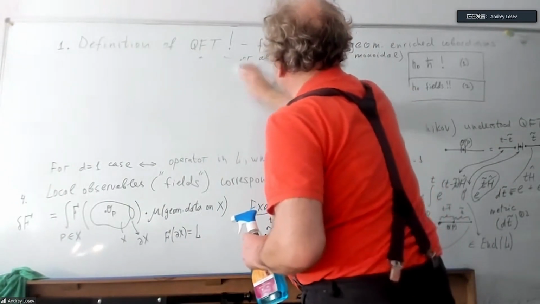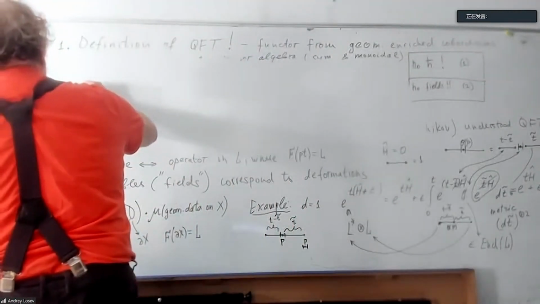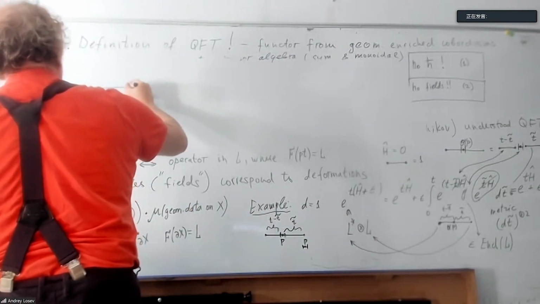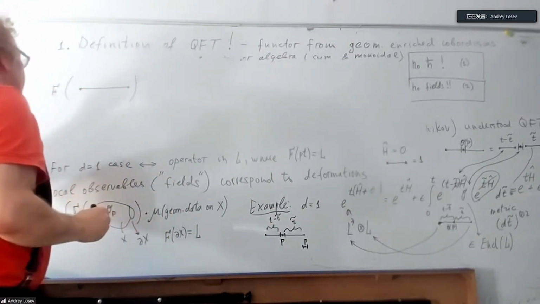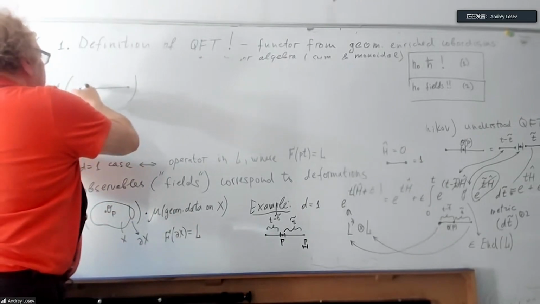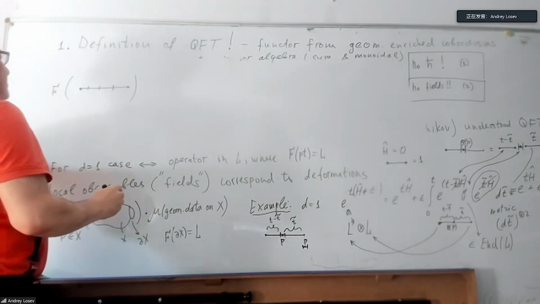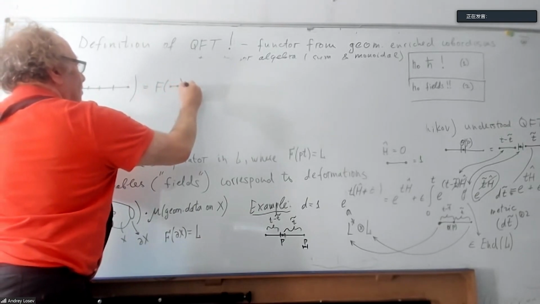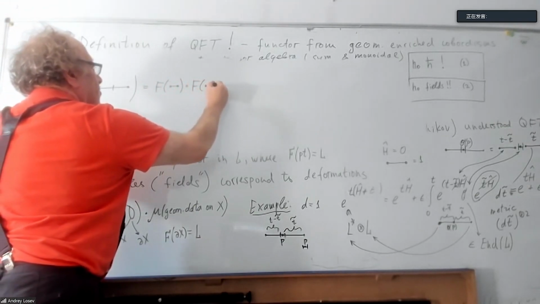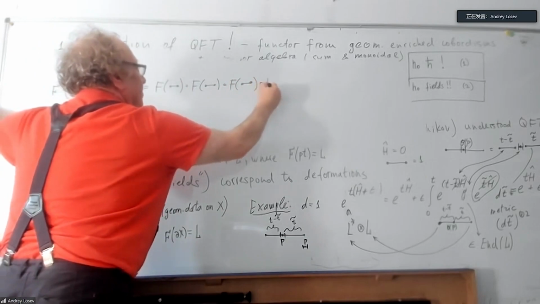You'll see later why this is very, very important. Suppose we have F associated to the interval, and let us decompose this interval, say, in four smaller intervals. It's an example.